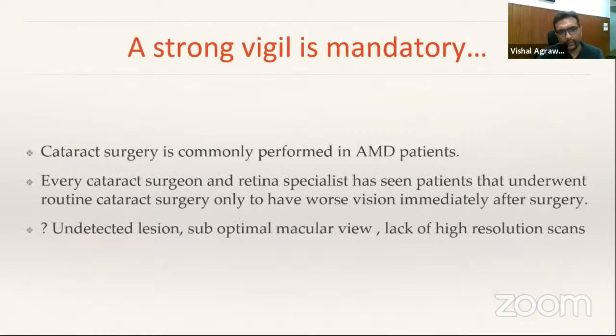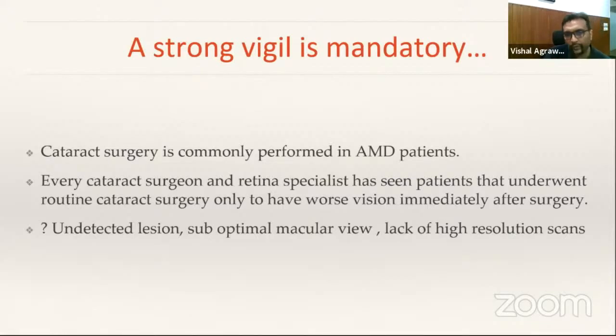Cataract surgery is commonly performed in AMD patients, we all know that. And every cataract surgeon and retina specialist has seen patients that undergo cataract surgery, and these things happen in the post-op period. Mostly that is because of undetected lesions preoperatively, or because the cataract is dense enough that there is a suboptimal macular view and lack of high resolution imaging like good OCT, OCT angiography or ICG.